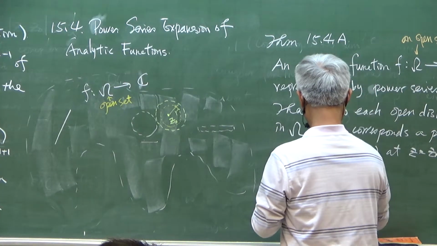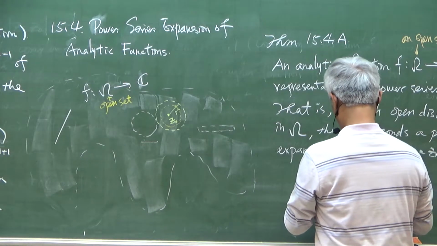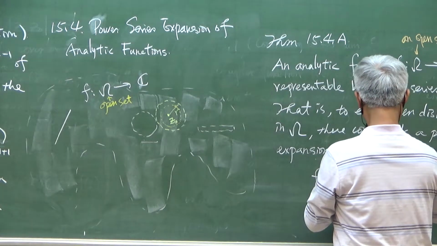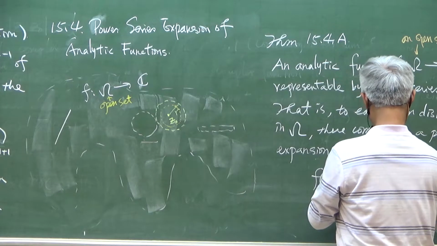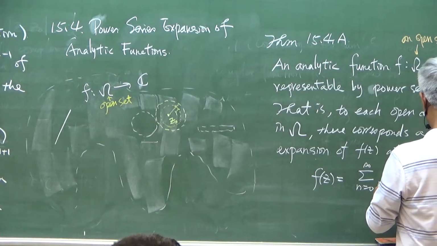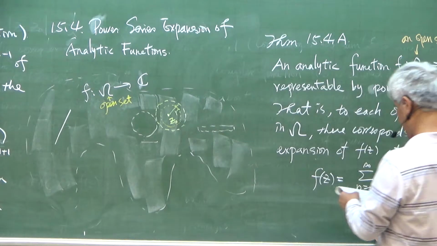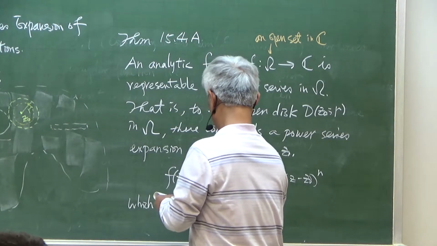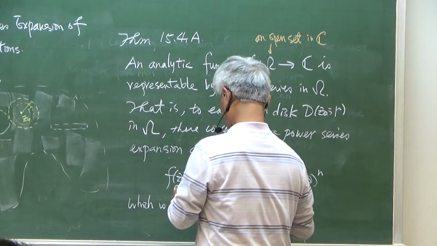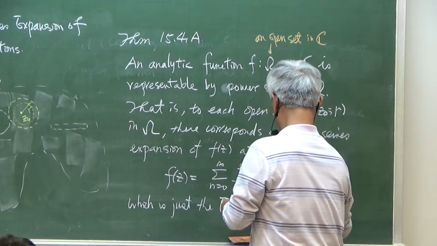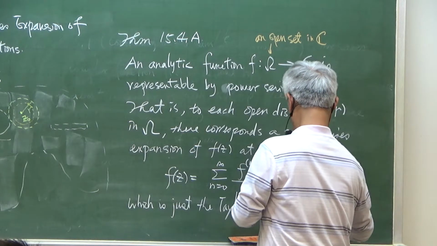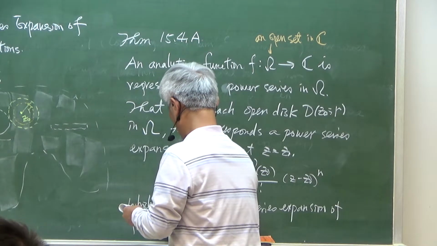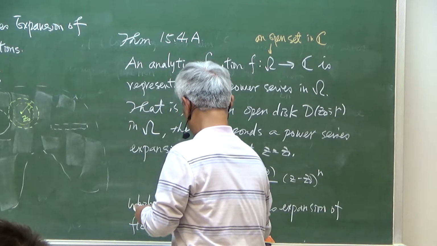So f of z is equal to the summation n equal to 0 to infinity of f^(n)(z0) over n factorial times (z minus z0) to the power n, which is just the Taylor series expansion of f of z about z equal to z0.